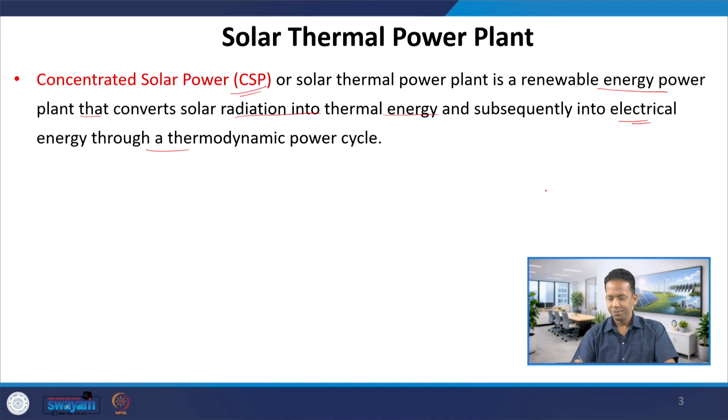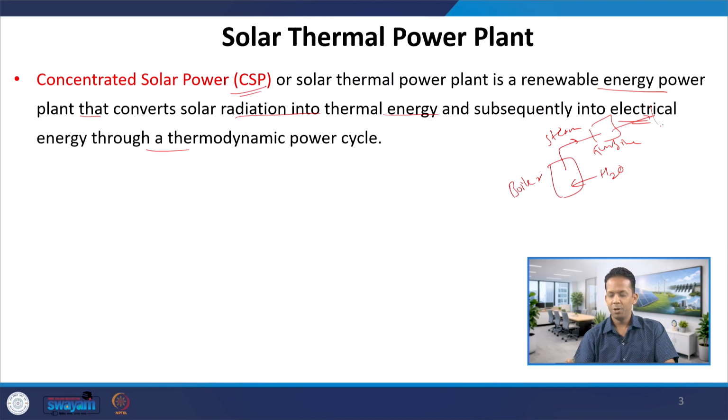what we have is a boiler where we put water, and this boiler generates steam, and then this steam goes to the turbine.